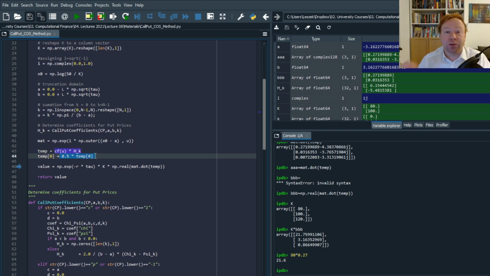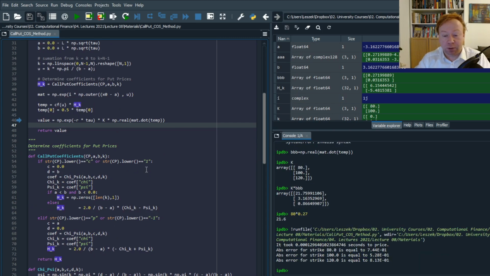We make sure that the first element of the sum is always halved, and then the final line of the calculation: the discounted strike times this dot product. In matrix form, it's just a matrix multiplication of the characteristic function times the coefficients that we have calculated. And that's basically it.